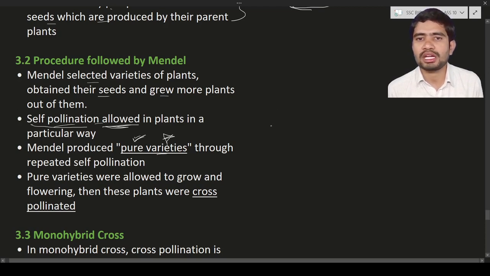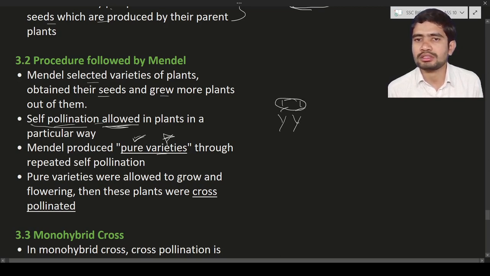So what is meant by pure varieties? For example, just now we discussed the traits as a pair of characteristics. Let us consider this is a pair and this is a pair. So yellow colored genes: here, both are a pair. This is one and this is one, so together we call it a pair.